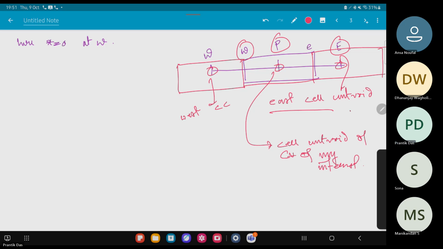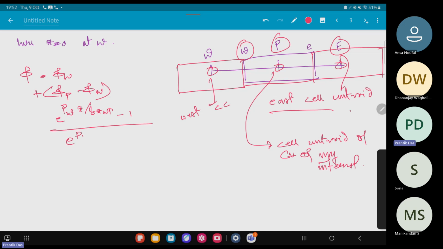So if x equals 0 at capital W, then this can be written as phi equals phi W plus phi P minus phi W, exponential of Peclet_w times x divided by delta x WP, minus 1, divided by exponential of Peclet_w minus 1. I'm writing Peclet w and Peclet e because the Peclet number can change along the domain if it has varying density or varying diffusivity.